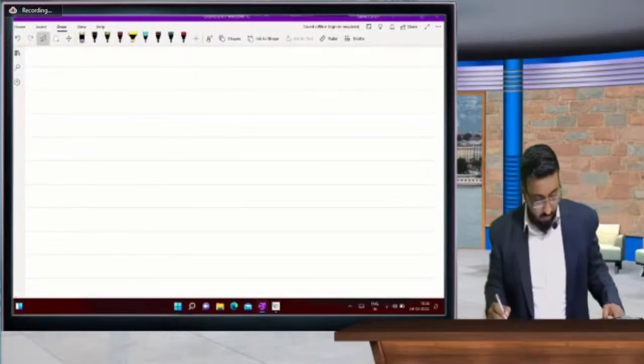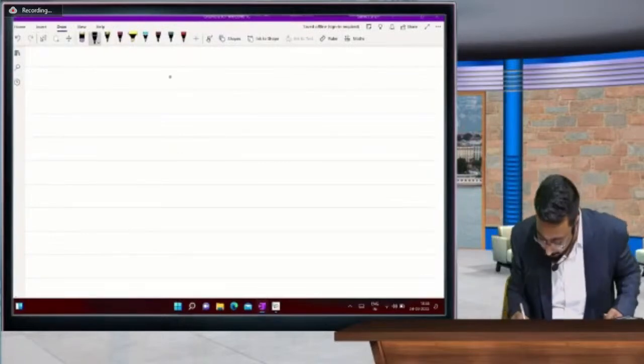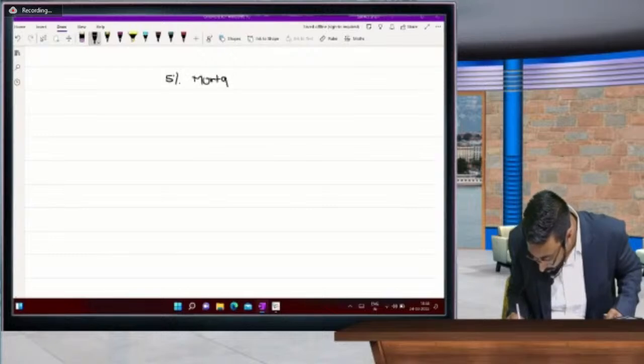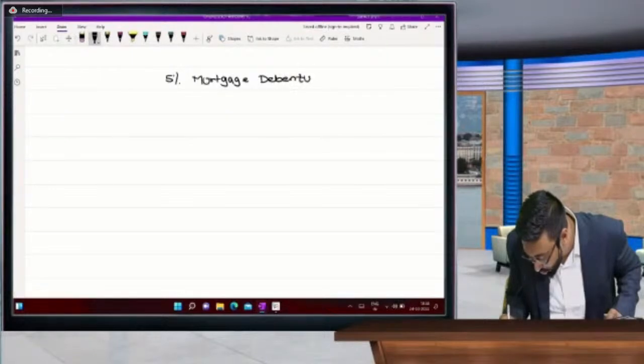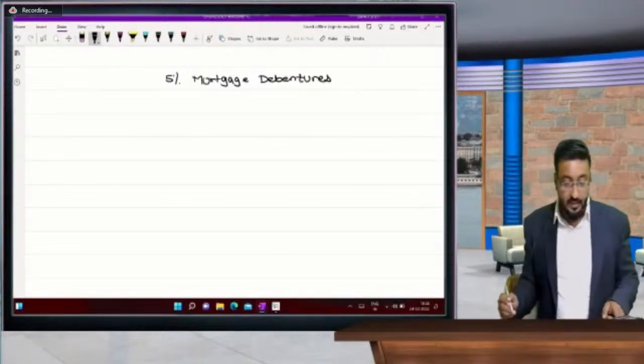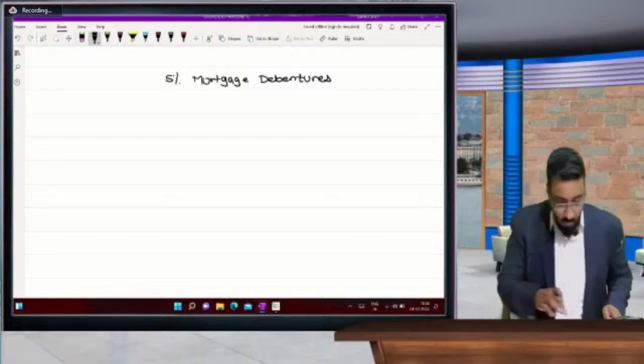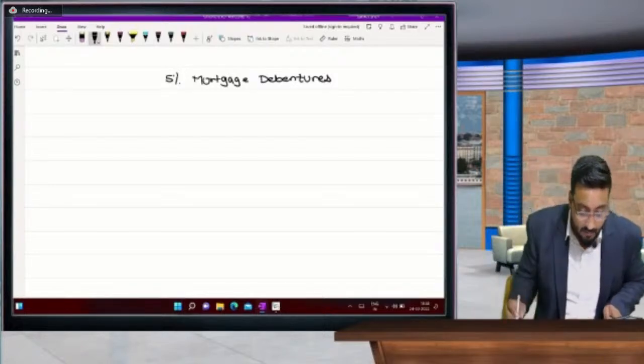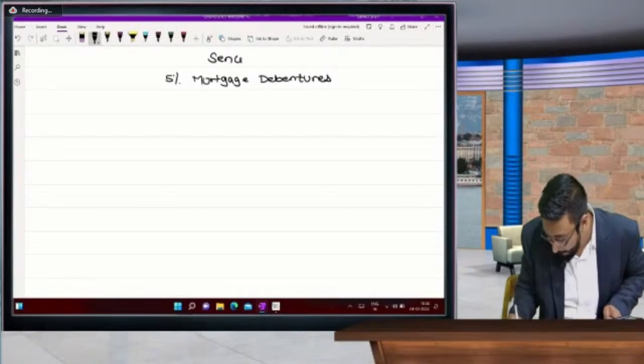So write down 5% mortgage debentures. I will tell you the own debentures account in the answer only. Just write it: 5% mortgage debentures, in the books of Sencom Limited.